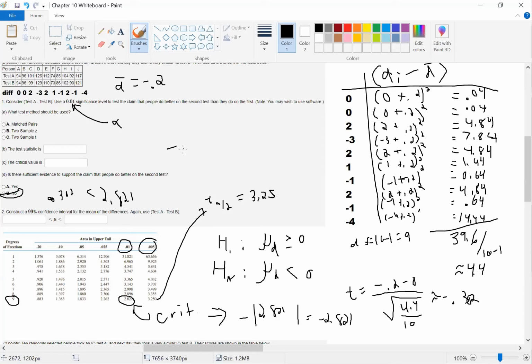So therefore, we have negative 0.2 plus or minus 3.25 times the square root of 4.4, our s squared, divided by 10. I will put that into the calculator right now. Negative 0.2 plus 3.25 times the square root of 4.4 over 10.